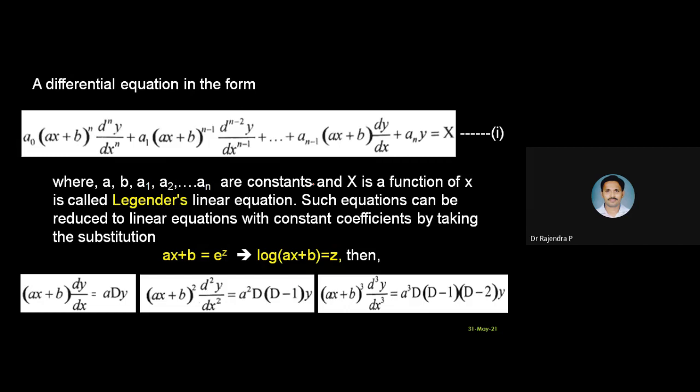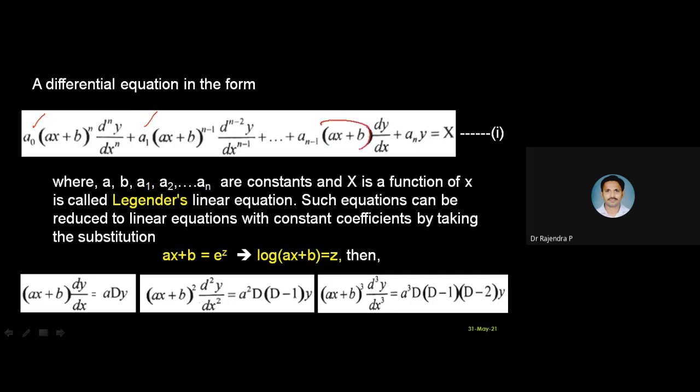So, a differential equation which is of this form. Previously, if you see our standard differential equation, you may remember, we have only the constants: a naught d to the power of n y by dx to the power of n, a1 d to the power of n minus 1 y by dx to the power of n minus 1, and up to an into y, which is equal to x.